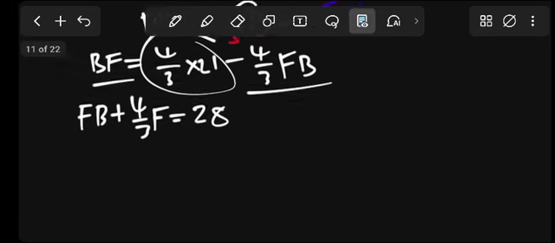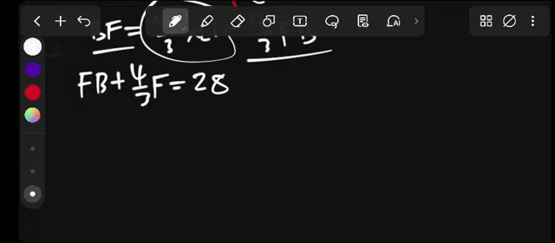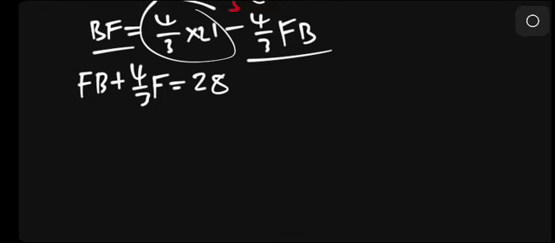So we add up these like terms, and there we'll have 7BF over 3.